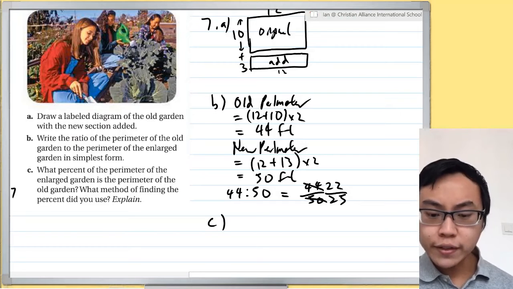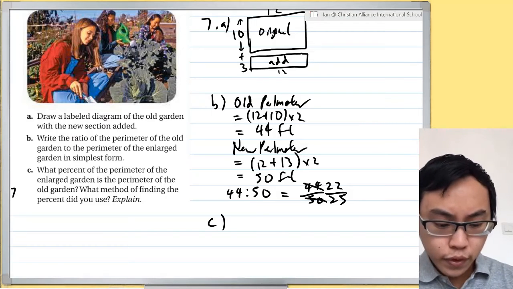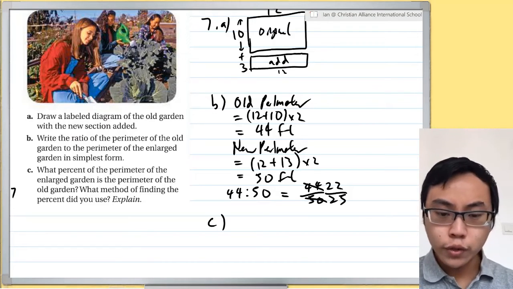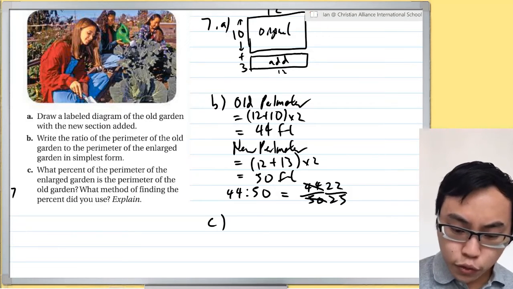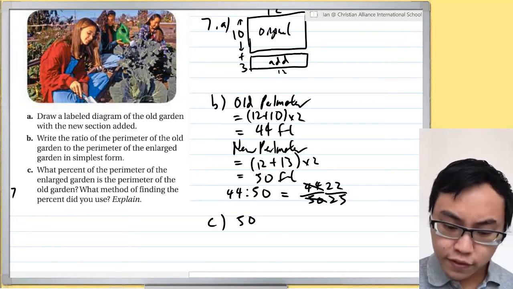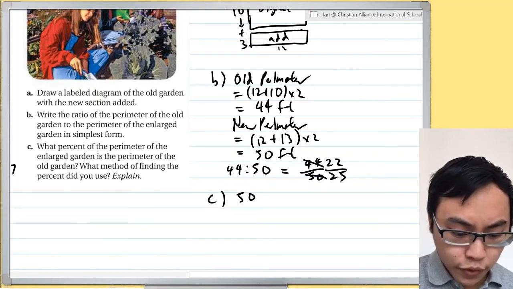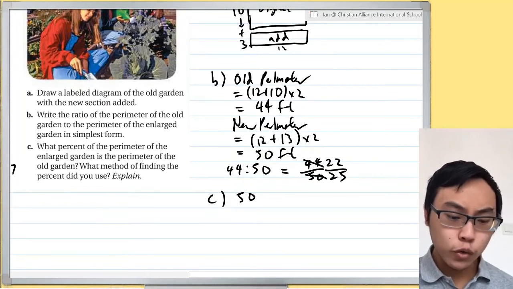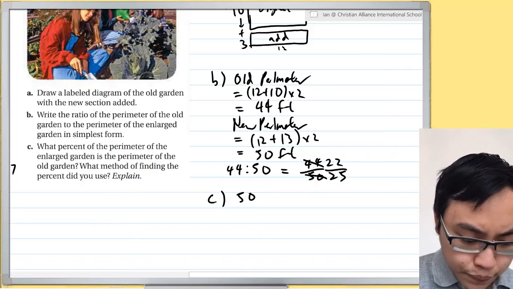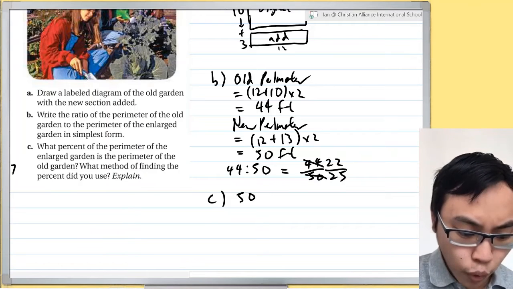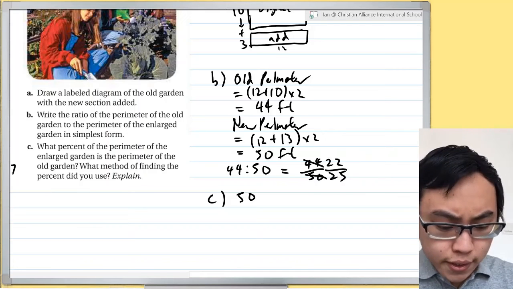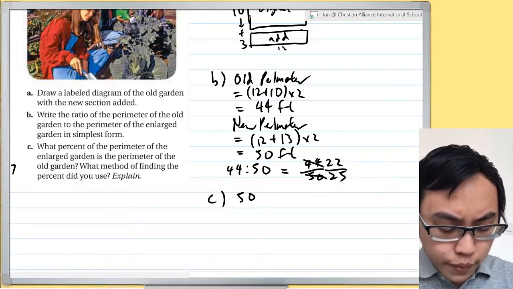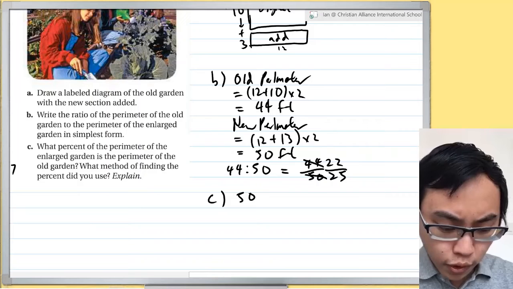So we want to find the new according to the old. So that's going to be new one divided by old one. The perimeter of the new garden is 50 feet. What percentage of the perimeter of the enlarged garden is the perimeter of the old garden?